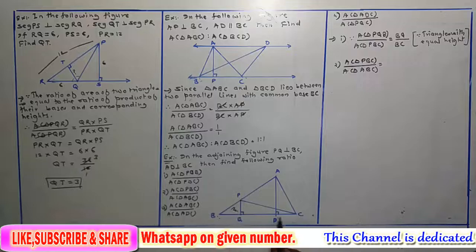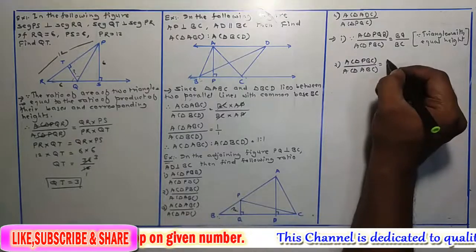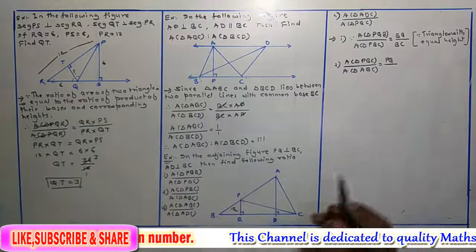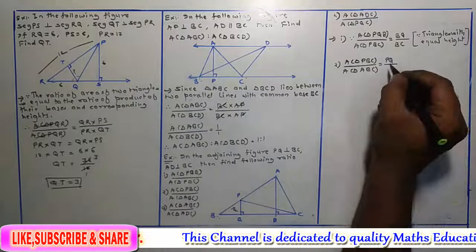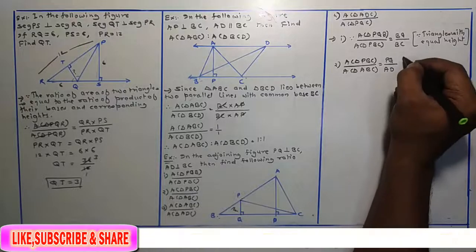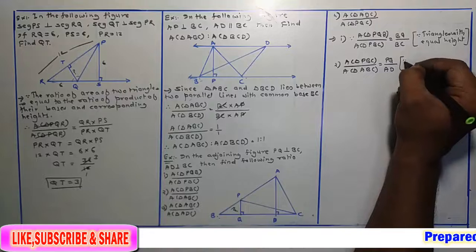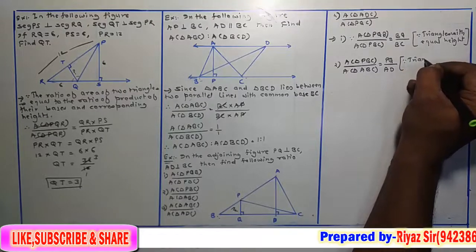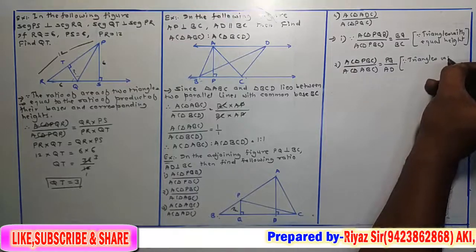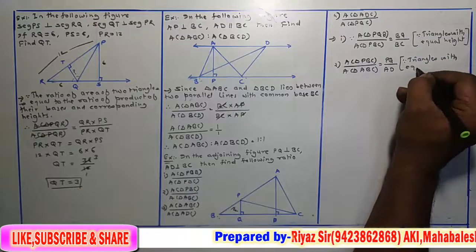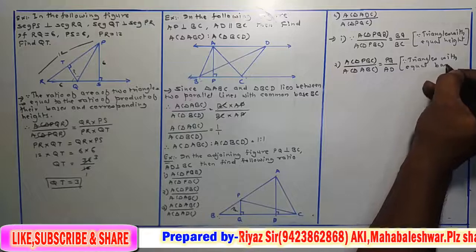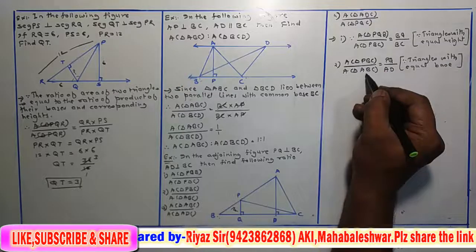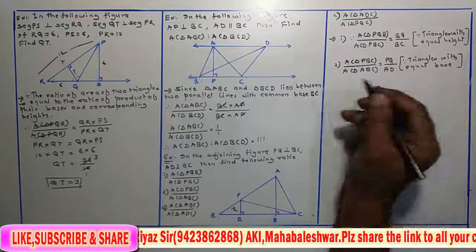For triangle PBC, the height is PQ upon, for ABC, height is AD. Here again you can write that property also, or simply in short we can write as triangles with equal base. Therefore ratio of their area is equal to ratio of their corresponding height.